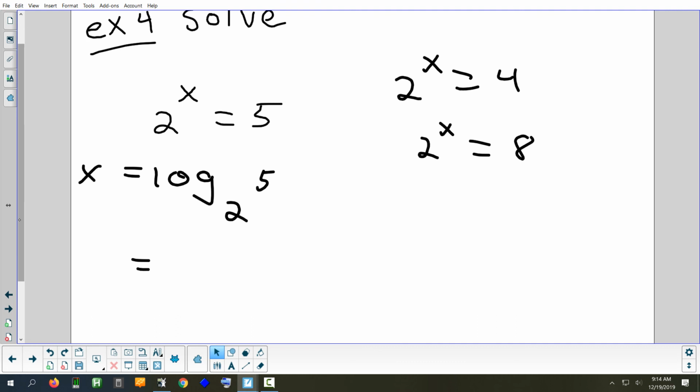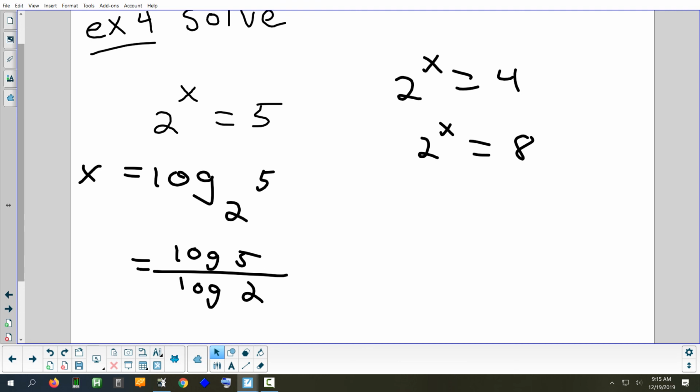Okay. Log 5 over log 2. And that's your change of base formula. So it's log of the argument divided by log of the base. Now, you just said log. You didn't tell me a base on the log. So what base are you assuming? I don't have a button for a base 1 log on the calculator. Yep. Base 10. That's why.